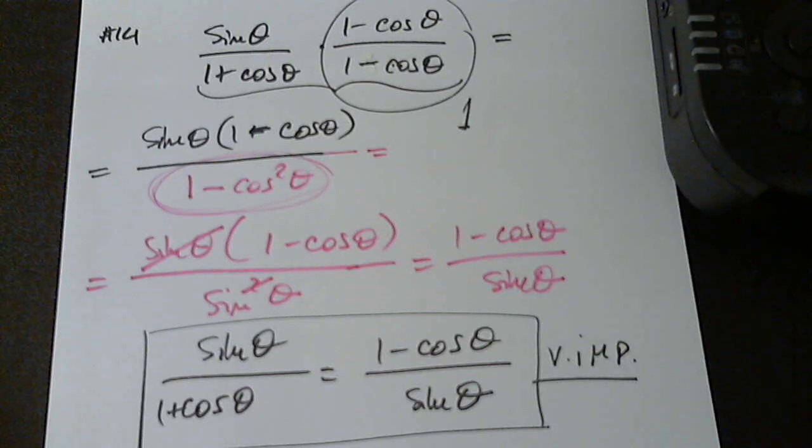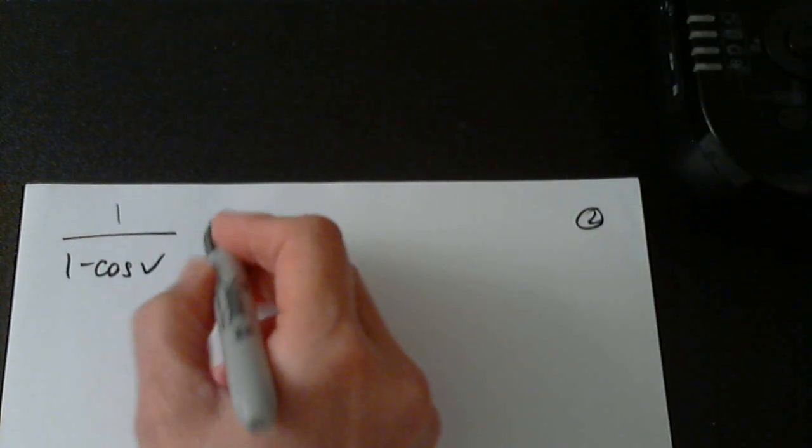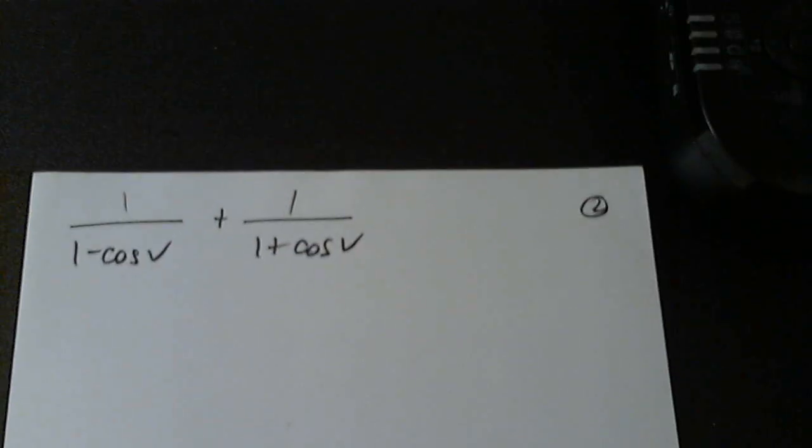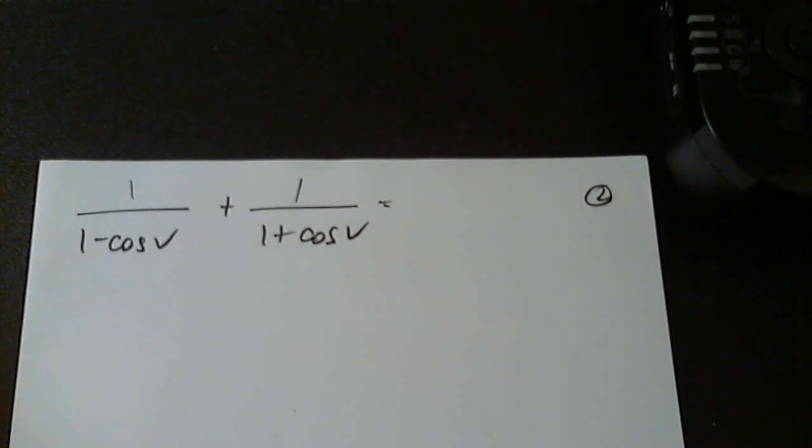Okay, so now in this situation, we are adding two fractions. What is the least common denominator? So that's my page 2. So we have 1 minus cosine v plus 1 over 1 plus cosine v. Please have the courage to say something. It's okay if you're wrong.